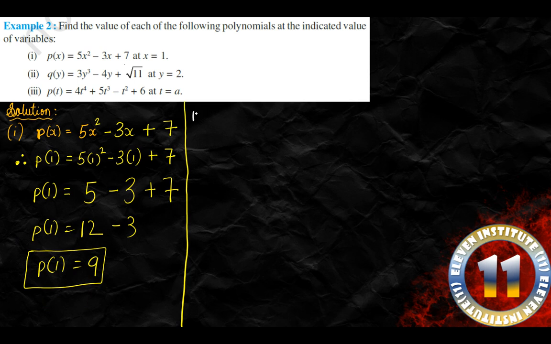So in second one, we have polynomial with variable y. So it is written as q of y is equal to 3y cube minus 4y plus root 11. Now what we have to take? We have to take y is equal to 2.